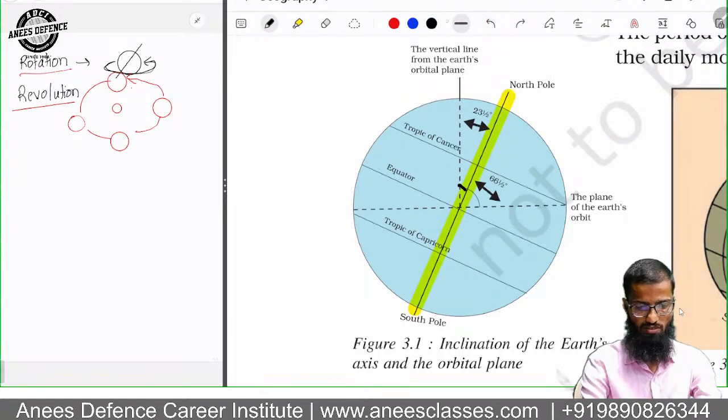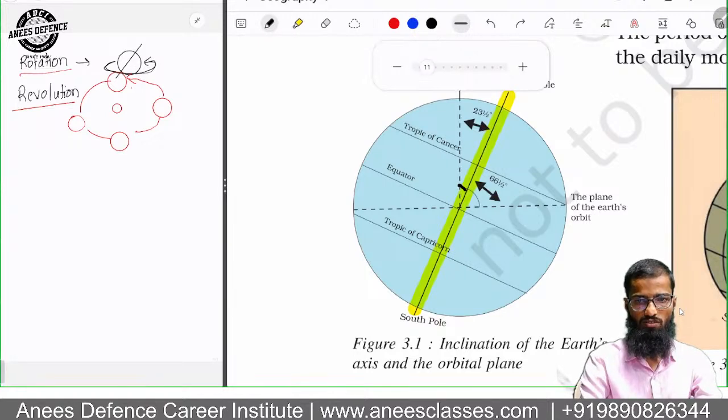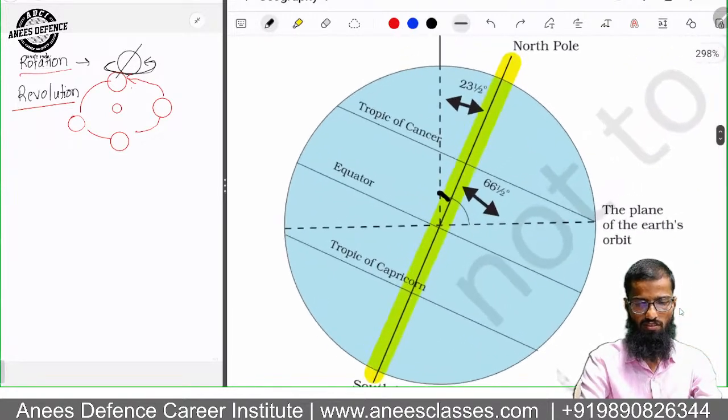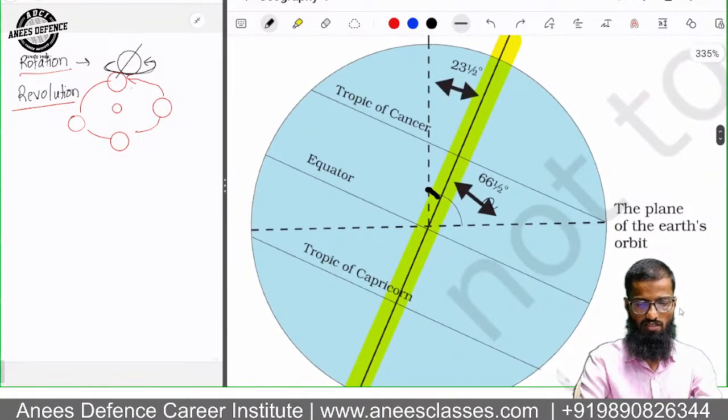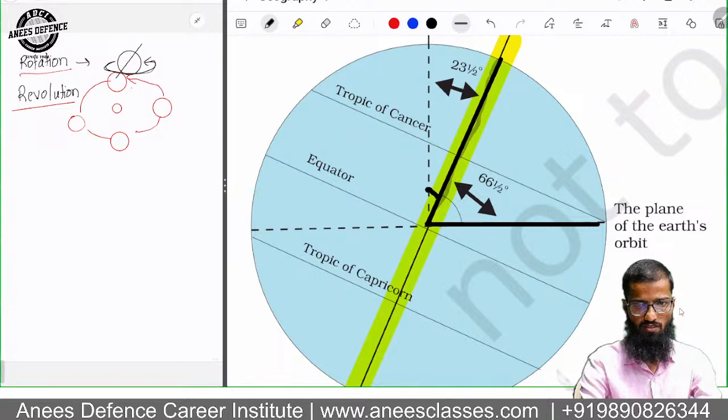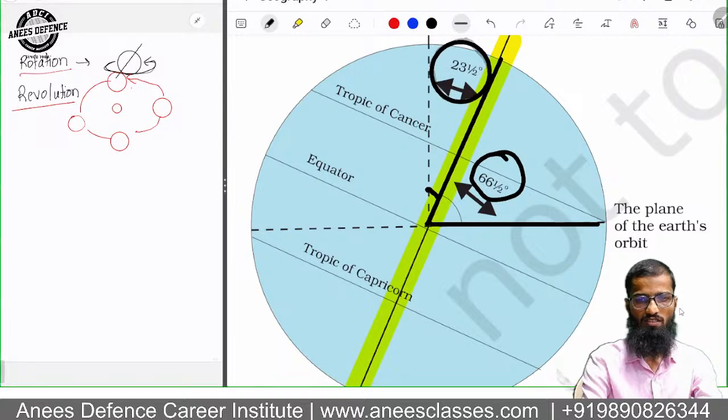This is the orbital plane, and the angle here is 66.5. We generally take into consideration this angle, 23 and a half. Is it clear to you?